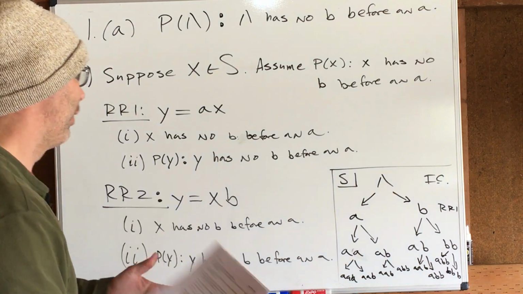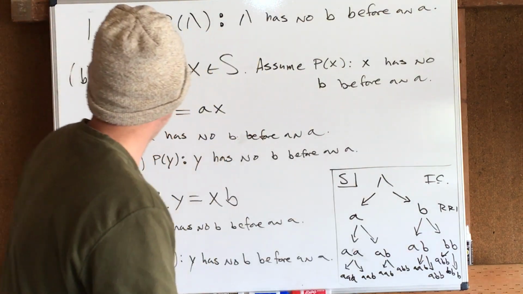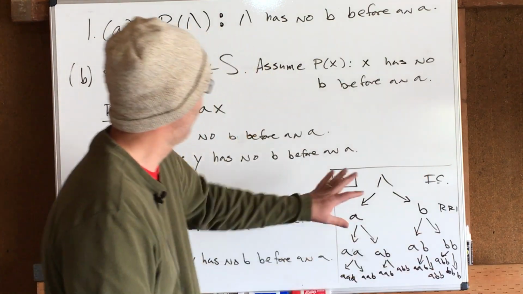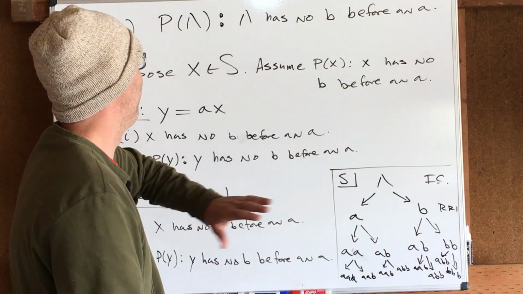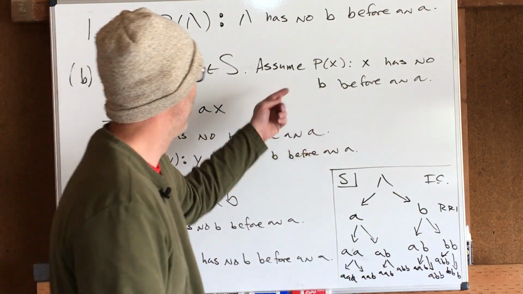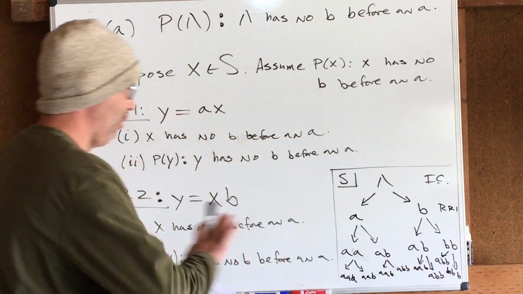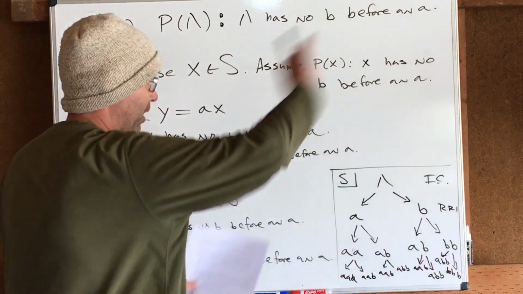And you notice that all of these strings satisfy this property: there's no B before an A. All the B's are tacked on at the end.